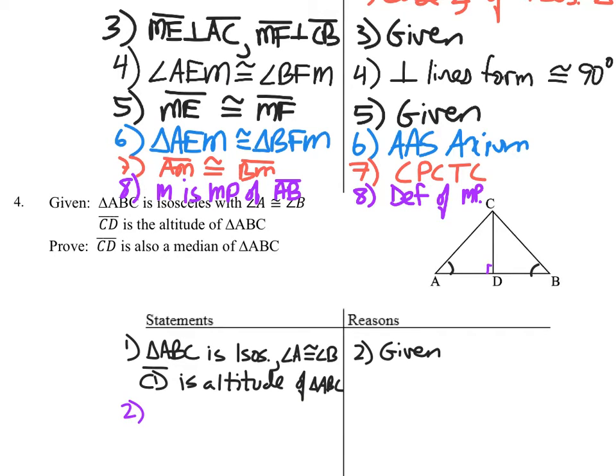Altitudes form right angles with the base. So what I'm going to state here is angle ADC. It's basically this proof's way of saying that CD is perpendicular to AB. So I'm going to try to do a combo statement here again. Angle ADC is congruent to angle BDC.